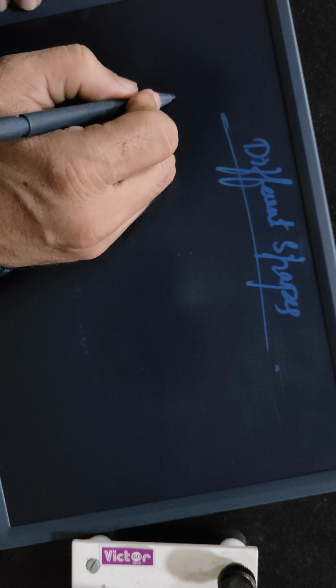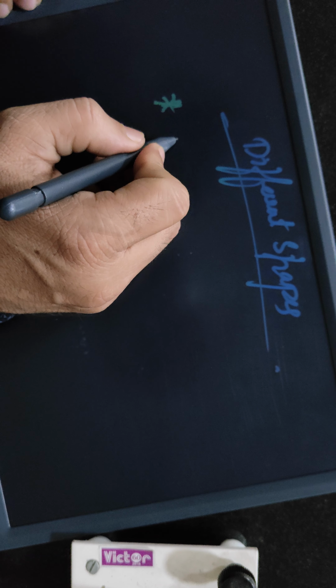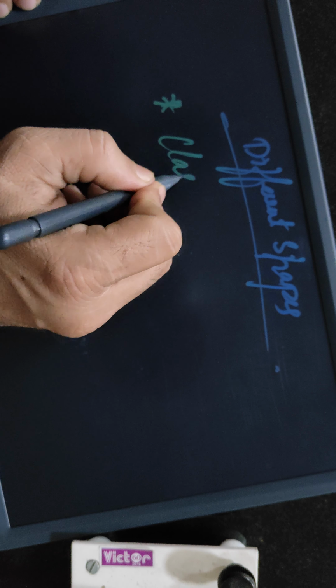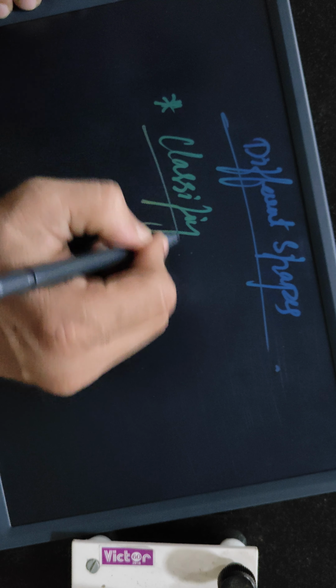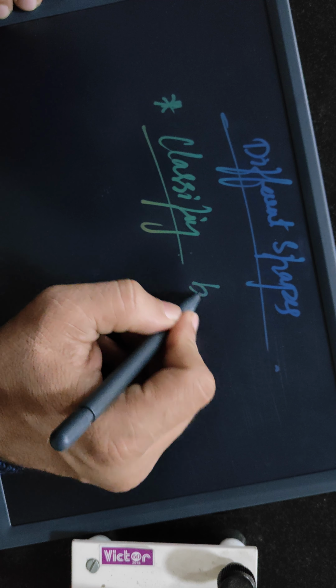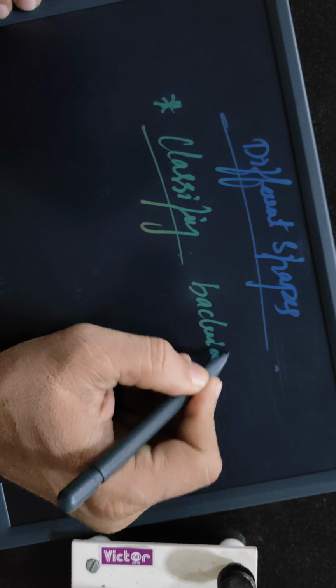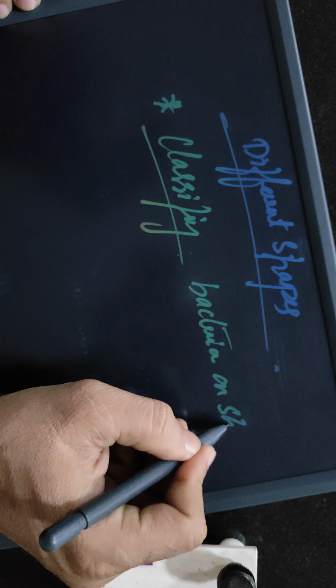You may get different types of questions on this. Classify bacteria based on the shapes.